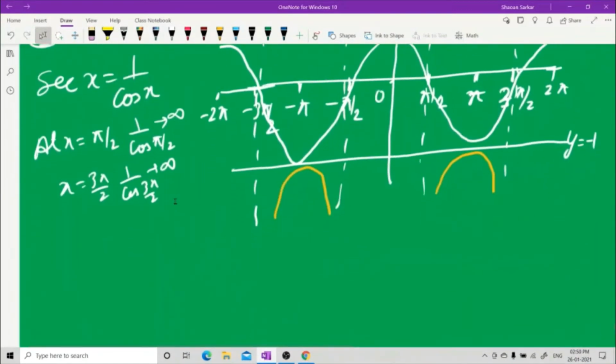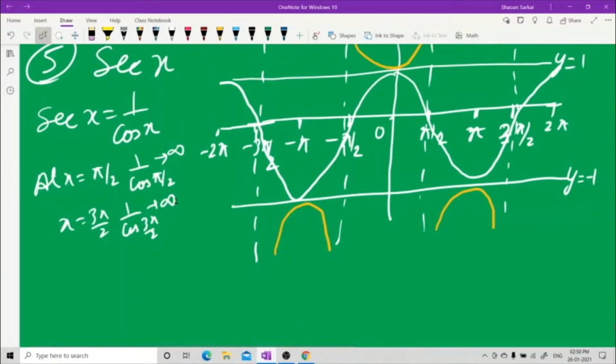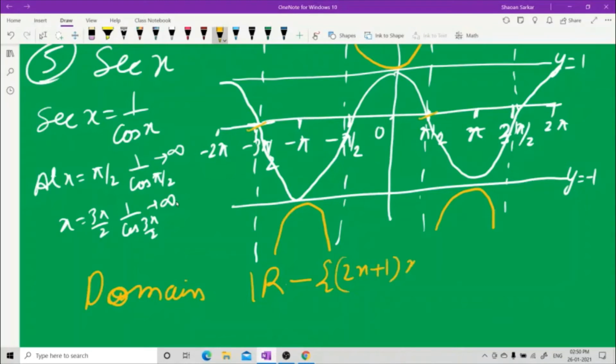Now the domain of this graph, let me write in yellow. Domain is R from which these odd multiples are removed. So domain is R minus (2n plus 1) pi by 2, such that n belongs to Z, the integers.